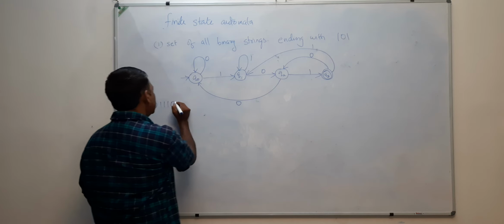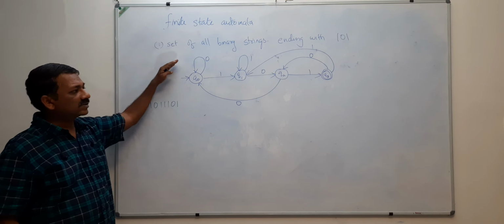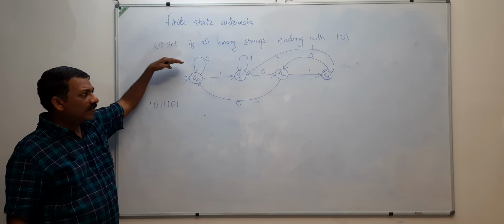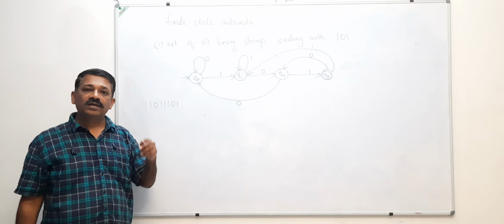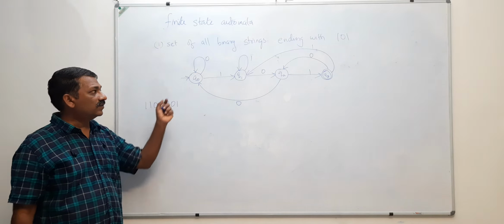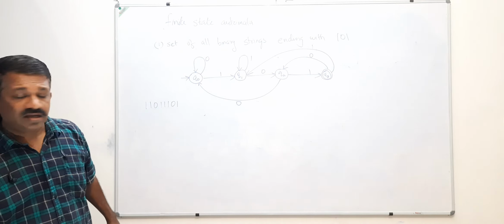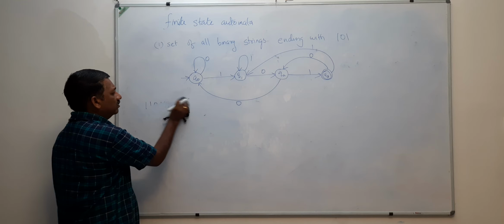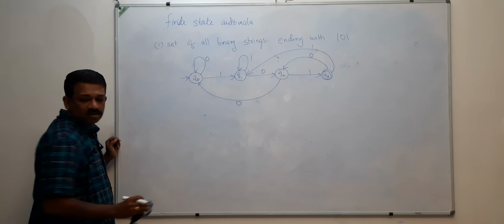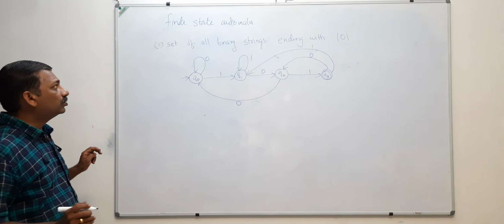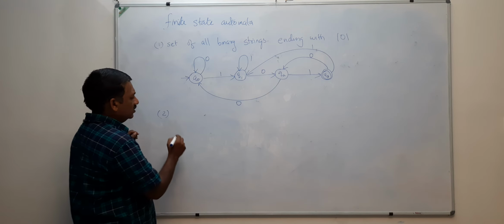For the next one, it reaches the final state. That means this will be accepted. This is an example of a finite state automaton which is accepting the set of binary strings which are ending with 101.